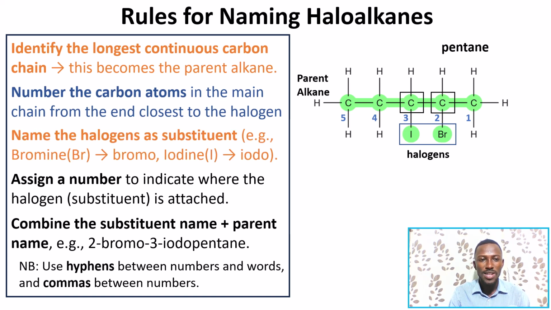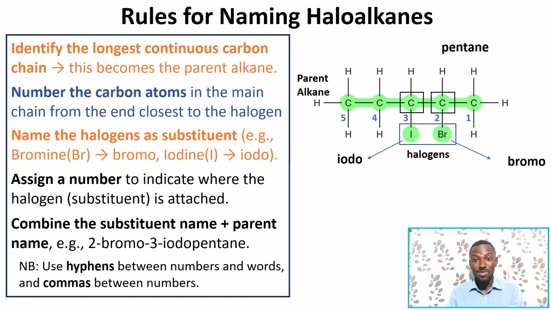Now we have to name the halogens as substituents. For naming halogens, bromine, which is Br, is named bromo, and iodine, which is I, is named iodo.